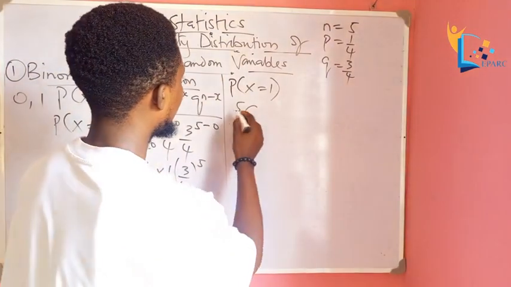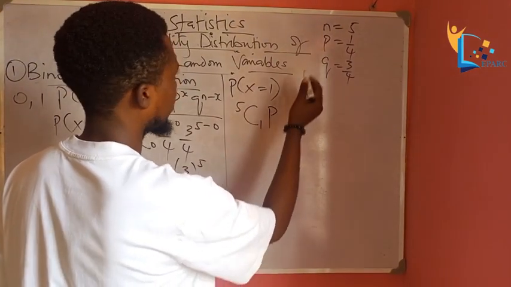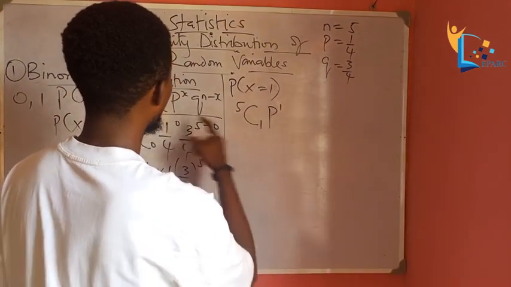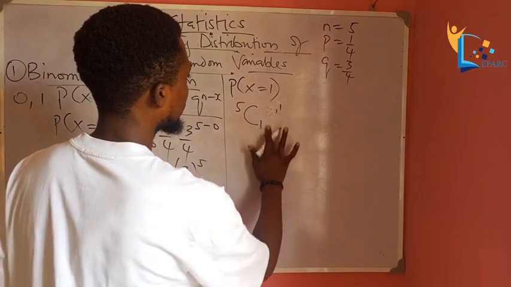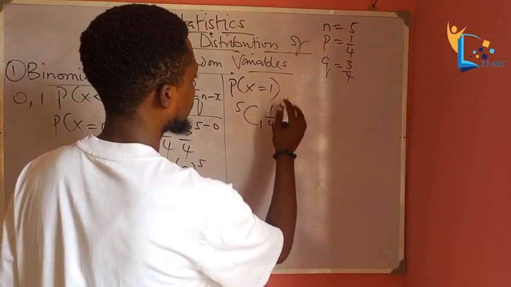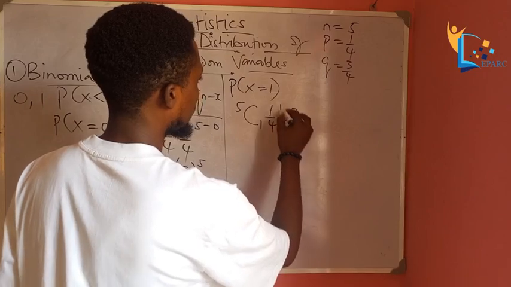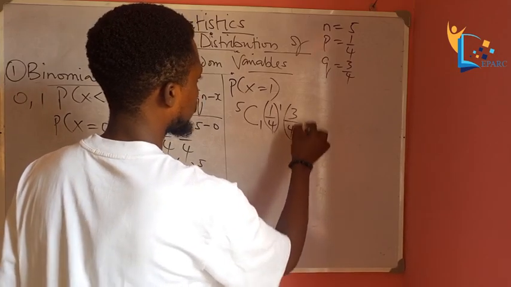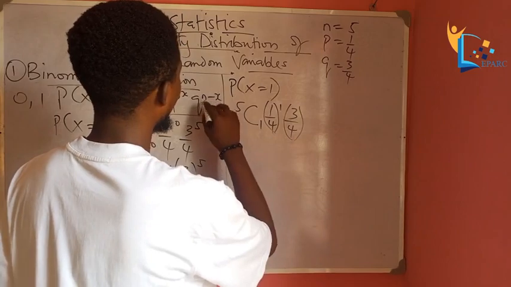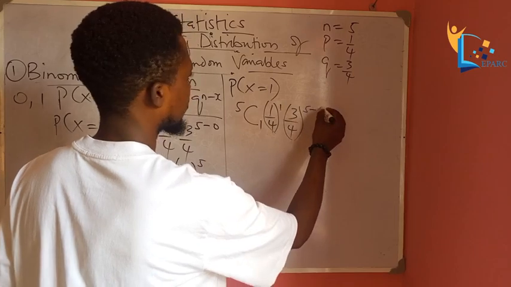So we have 5 combination 1, then p, x is 1, okay, p is 1 over 4. 1 over 4 raised to the power of 1, then q is 3 over 4 raised to the power of n minus x. N is what? 5 minus x, 1.